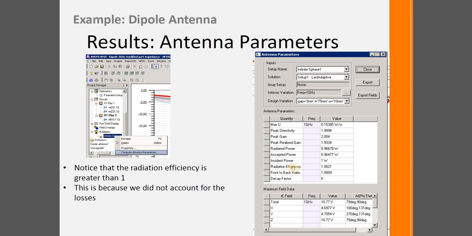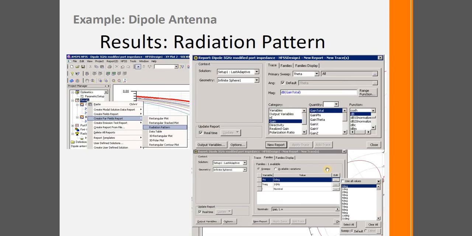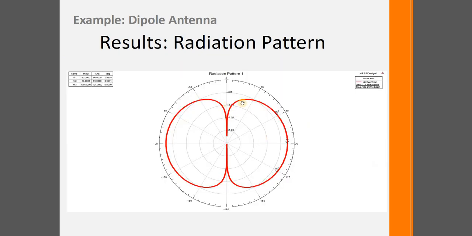And radiation efficiency, because we use a PEC, perfect electric conductor, it's going up to 1. Also, we can create a radiation pattern and see at the x plane at phi equal to 0 degree, and see the gain and pattern of the antenna.